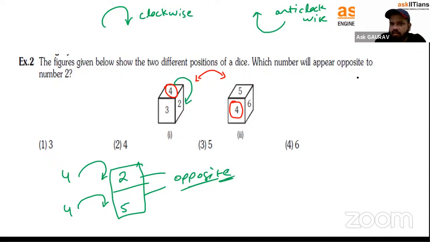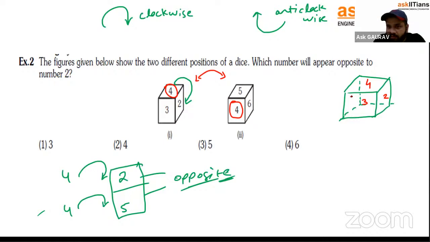Okay, let me just show you how this dice is made. If 4 is on the top, 2 is here, 3 is here, 5 is on this face, 6 on the back one, and 1 will be at the bottom.